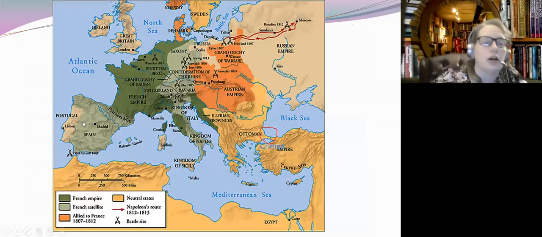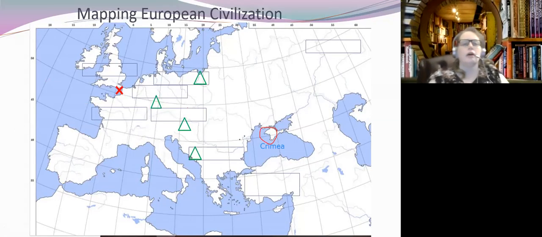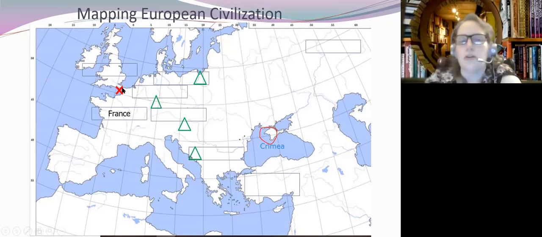Trafalgar's there, you've got Lisbon there, there's Ulm, there's Vienna, there's Jena, there's Berlin, there's Austerlitz, and there's Moscow. So keep that in mind as you're dealing with all of this, and this is the map you need to work with. I went ahead and marked Dunkirk kind of right here by the bowls because that's where the evacuation occurs. Your triangles will be your markers for countries, so keep that in mind.